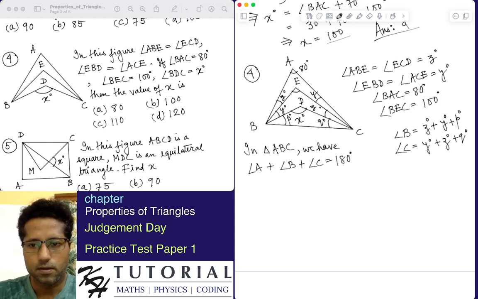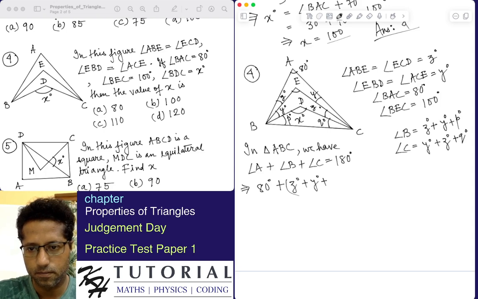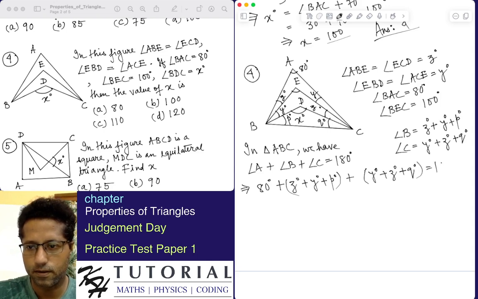Now in triangle ABC we have angle A plus angle B plus angle C is equal to 180 degree. This implies angle A is 80 degree plus angle B is Z degree plus Y degree plus P degree, plus angle C is Y degree plus Z degree plus Q degree equals 180 degree.